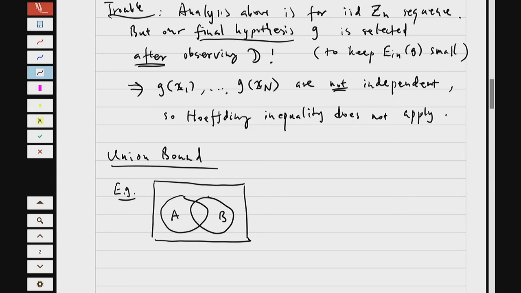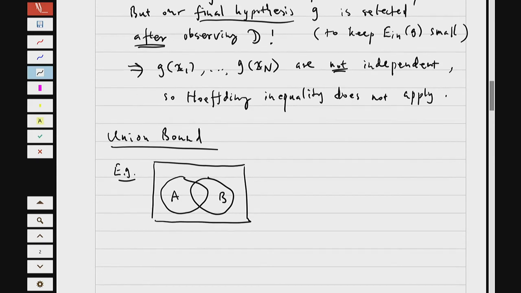So what does the union bound say on this diagram? The union of A and B, of course, the union of these two events. What does the union bound say? That's one of the first things that you will learn in EC302.